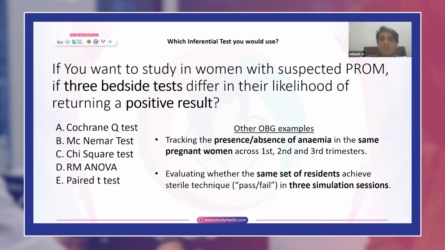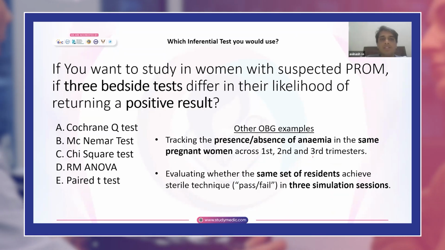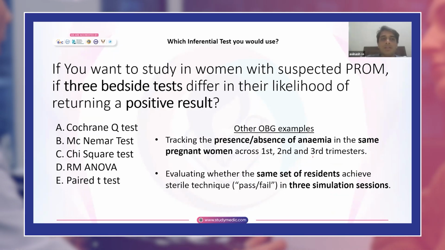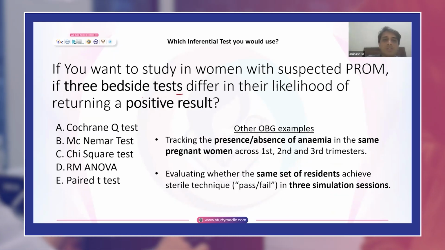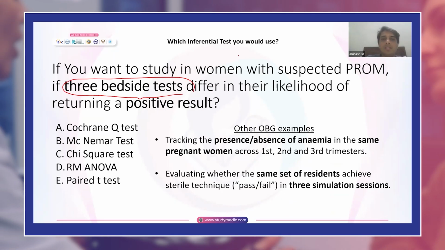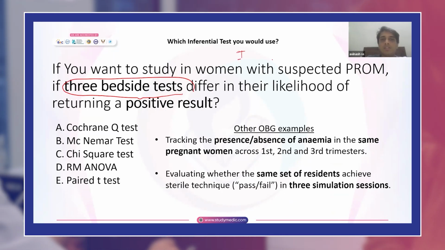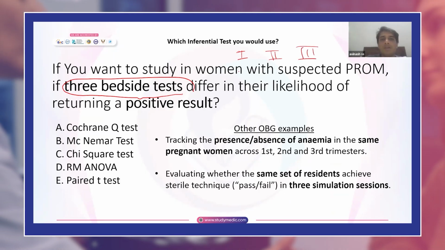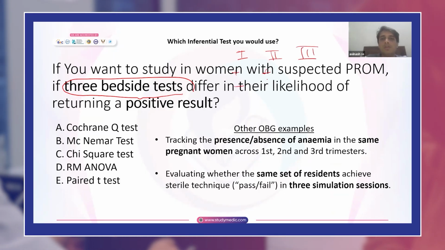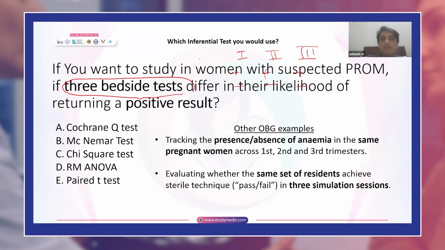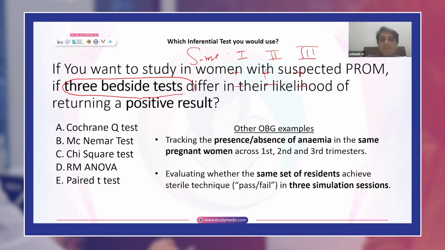Now, if you want to study in women with suspected PROM whether 3 bedside tests differ in their likelihood ratio of returning a positive result, what is happening here is that the bedside test, whether it is positive or not, is a categorical variable. Here you are checking the first bedside test, second type of bedside test, and third type of bedside test, whether positive or negative, in the same woman, at 3 different times.